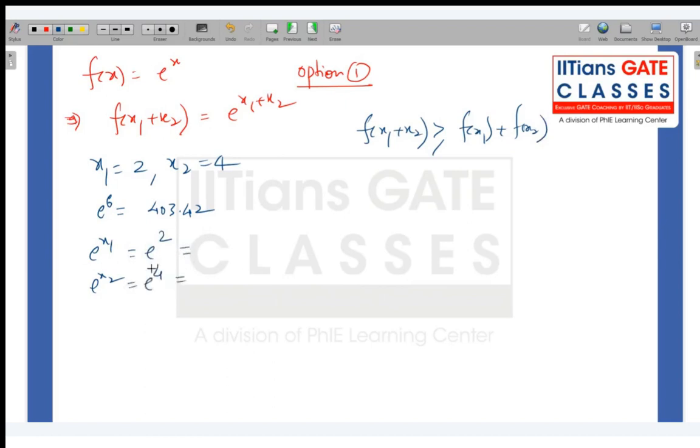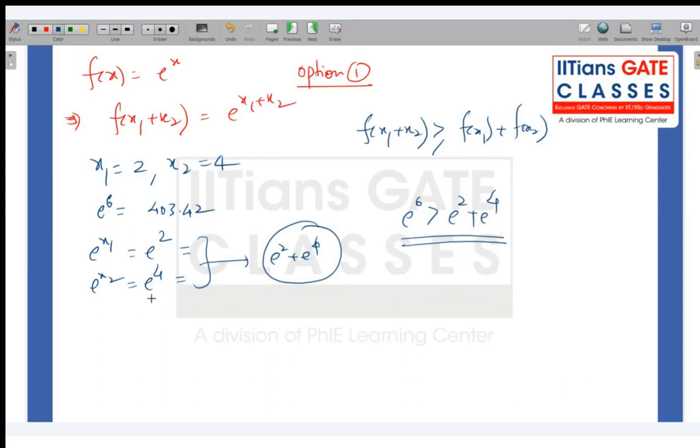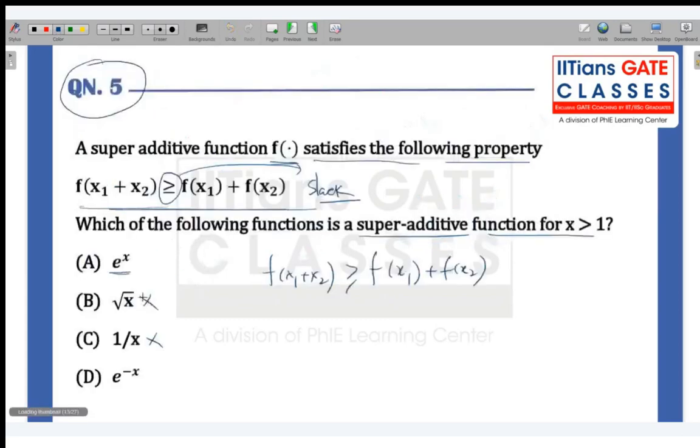If you add them, e raised to power 2 plus e raised to power 4, certainly e raised to power 6 will be greater than e raised to power 2 plus e raised to power 4, right? So this is going to be the option which is correct. So this option can be correct.